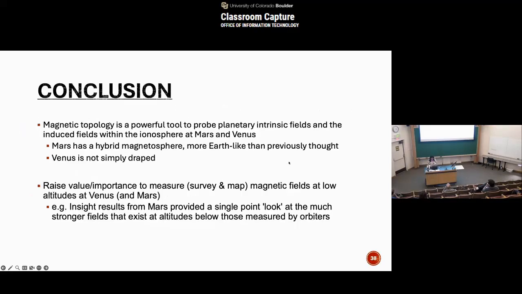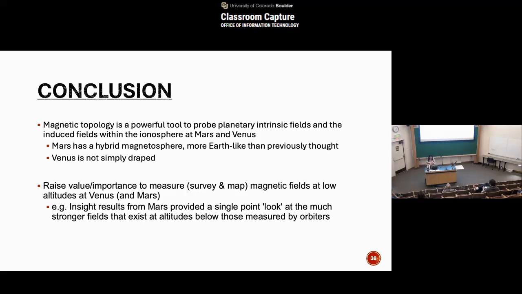All right, actually it's quicker than I thought. So in conclusion, magnetic topology is a powerful tool to understand planetary intrinsic fields and also induced fields, at Mars and Venus. Mars has a hybrid magnetosphere, with contributions from both intrinsic and induced components, and is more Earth-like than previously thought.